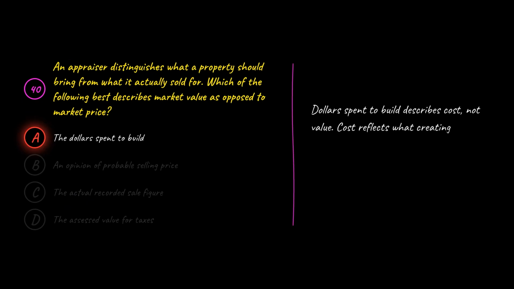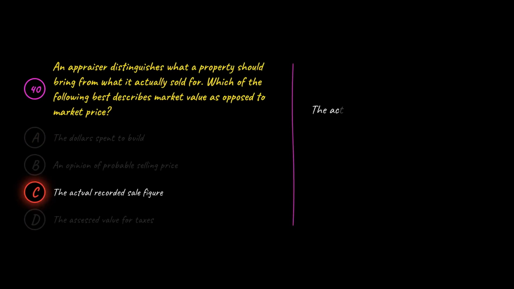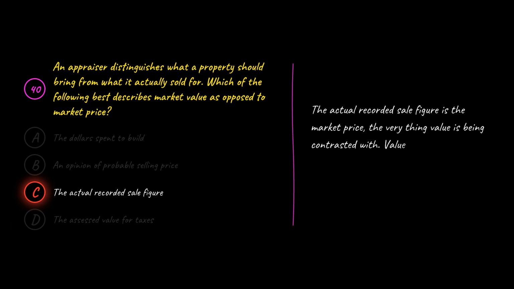Cost reflects what creating the improvement required and may equal value only by chance, usually for new construction at its best use. C is wrong because the actual recorded sale figure is the market price, the very thing value is being contrasted with. Value is an estimate of probable price, while price is what already occurred.